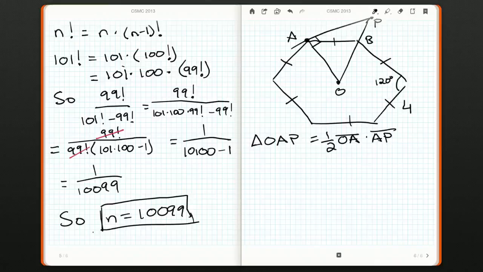To find OA, if I were to drop these lines down here, what I could notice is, since it's a regular hexagon, all these triangles are going to be the same. They're all going to be congruent to each other.